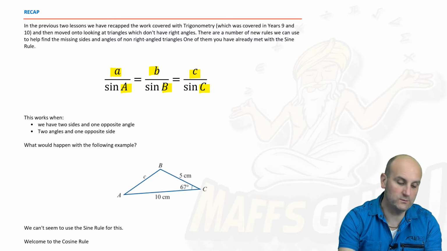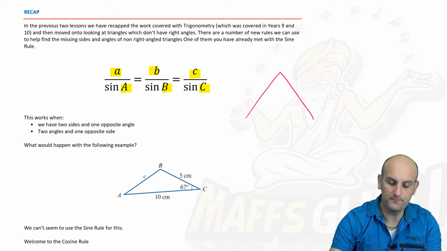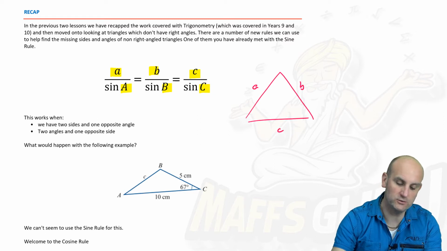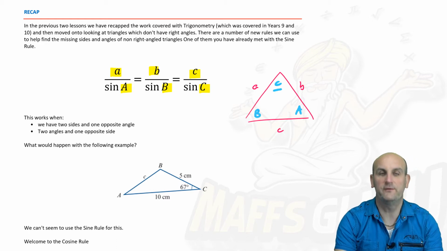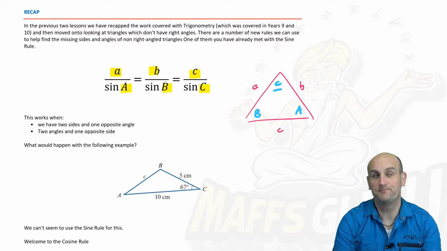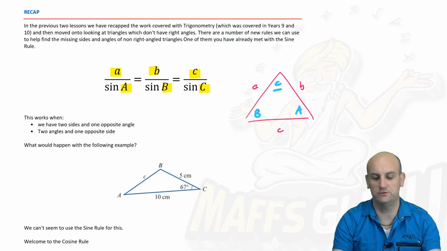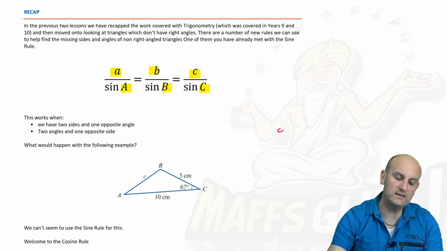So long as we made sure that the angles opposite were labeled in the same way, the rest of it was really down to the calculator and the ambiguous case with those triangles that can have two solutions. So that's recapping that.